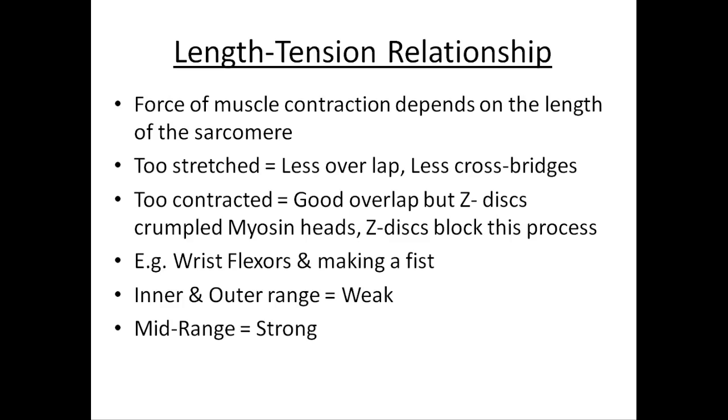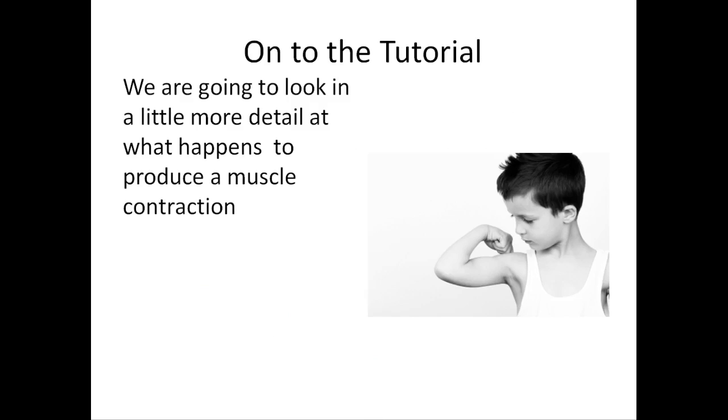But if you put yourself in mid-range, so that the wrist is flat with the rest of the arm, you'll be in a much stronger position. So this is an example of inner and outer range where you'll be weak, and then mid-range where you'll be strong. So on the tutorial, we're going to look at this in more detail and see what happens to produce a muscle contraction. Thanks for watching, and we'll see you in the practical.